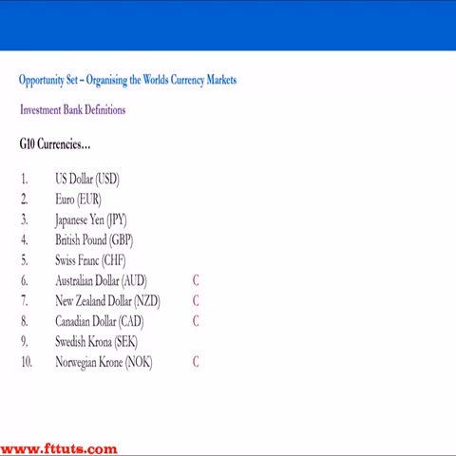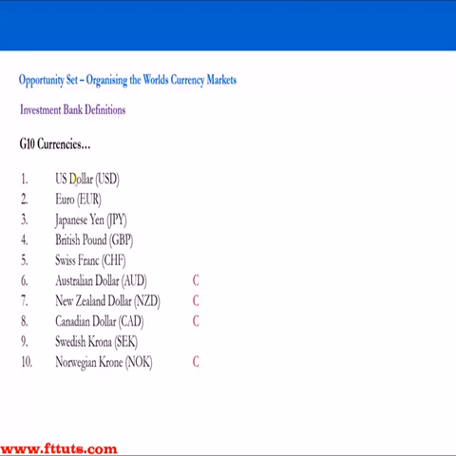So what we've done is we've marked here the currencies within the G10. We've marked them with a C because the value of their currency is dependent, or very heavily dependent, on the price of international commodities. So just 1 or 2 particular commodities.